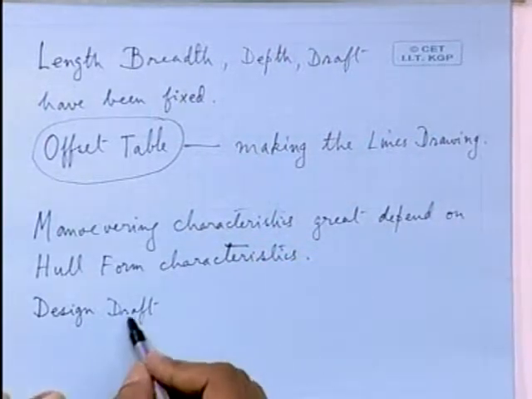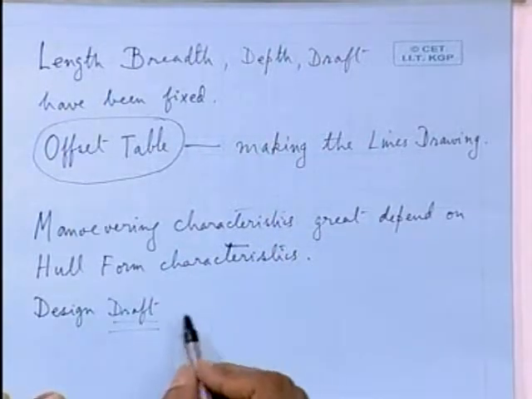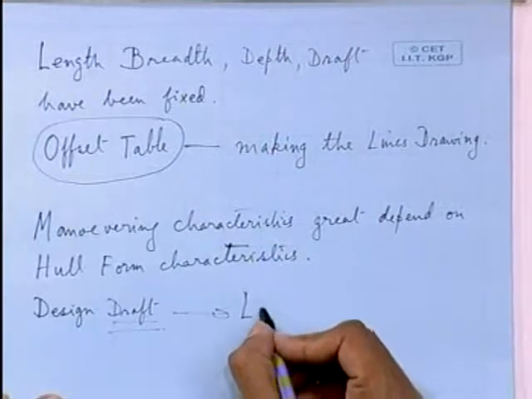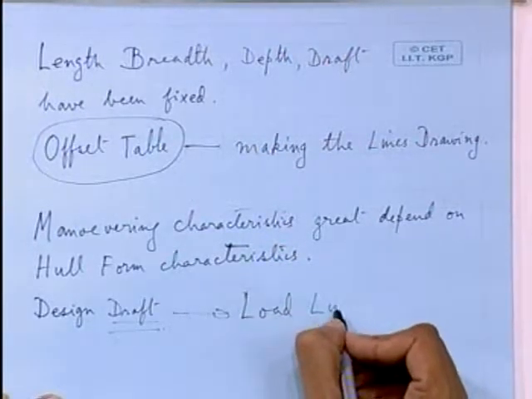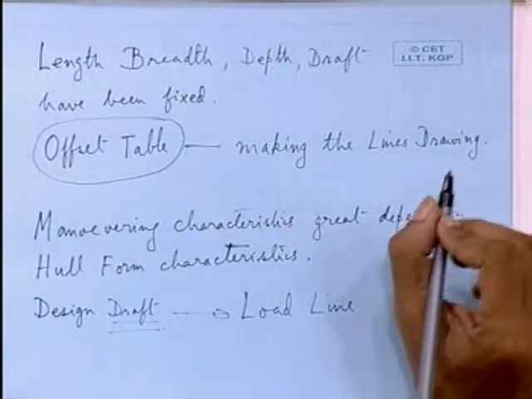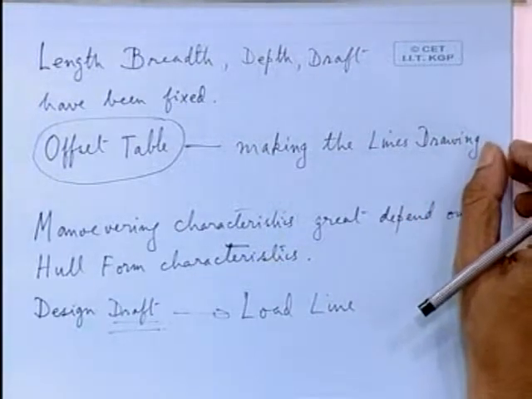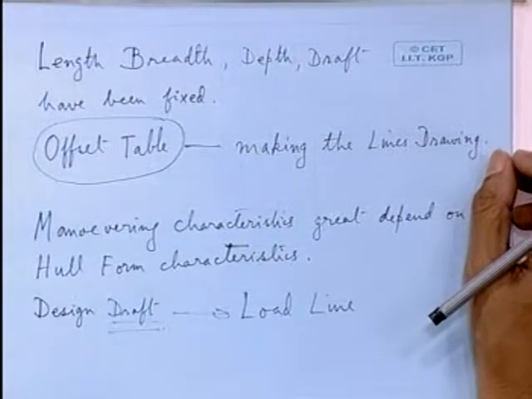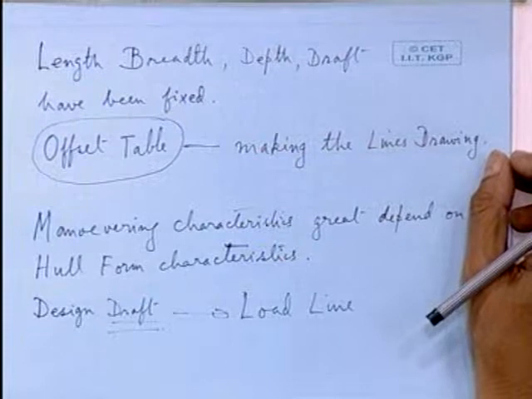This draft is calculated based on what is called your load line. This design draft is called a load line. So the captain of the ship has to be very careful that the ship is not immersed at a draft greater than the maximum prescribed draft at the load line.